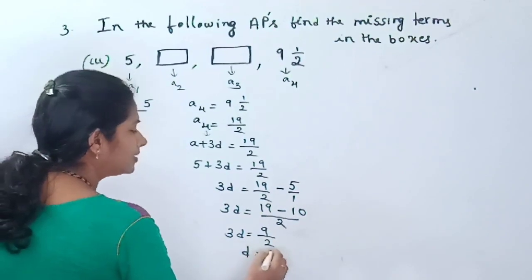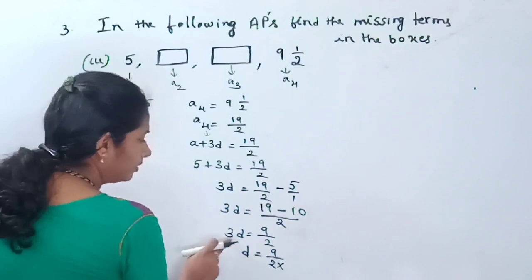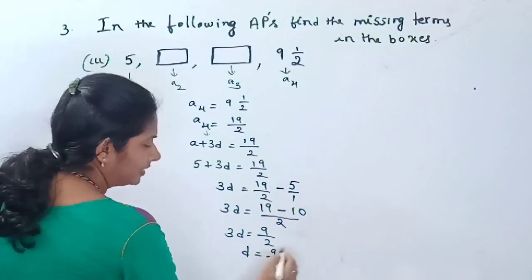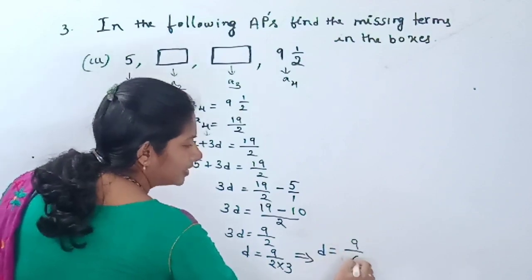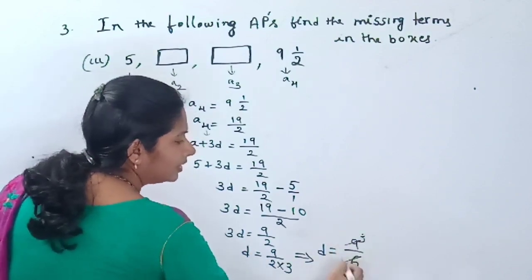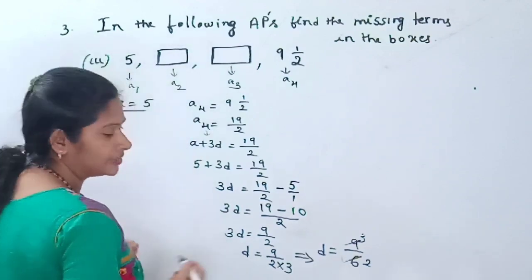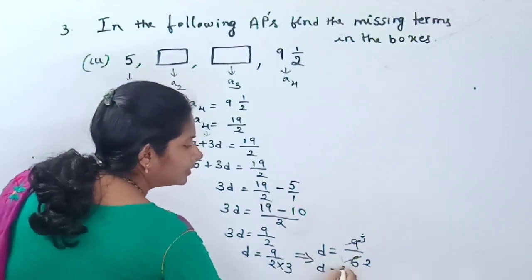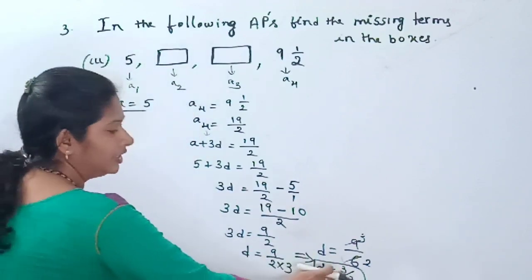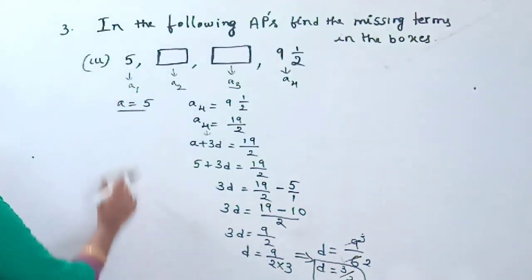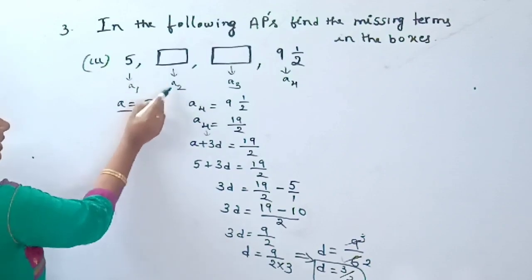D value is 9 by 2, the 3 becomes divided by 3. So D value is 9 by 6, or 3 3s are 3, 3 2s are 6. So D value is 3 by 2. So what is the common difference, children? D value is 3 by 2.